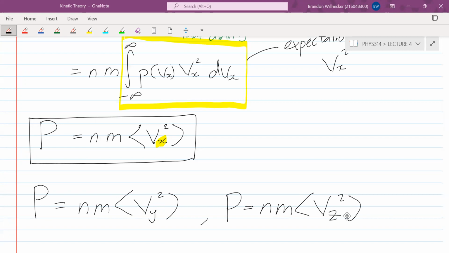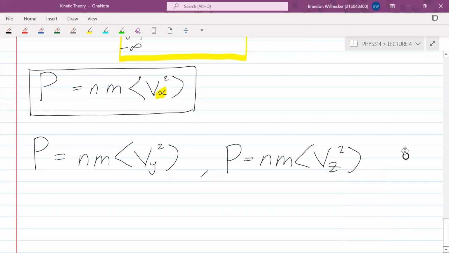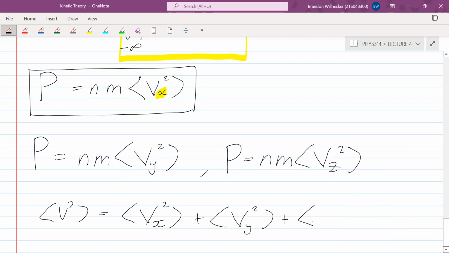Okay, now we don't want to work with any particular direction. So X, Y, Z, they should all be treated equivalently. So instead of working with the specific one, we work with just V squared, the square of the vector. With a bit of Pythagoras, we can write this as the expectation of Vx squared plus the expectation of Vy squared plus the expectation of Vz squared.